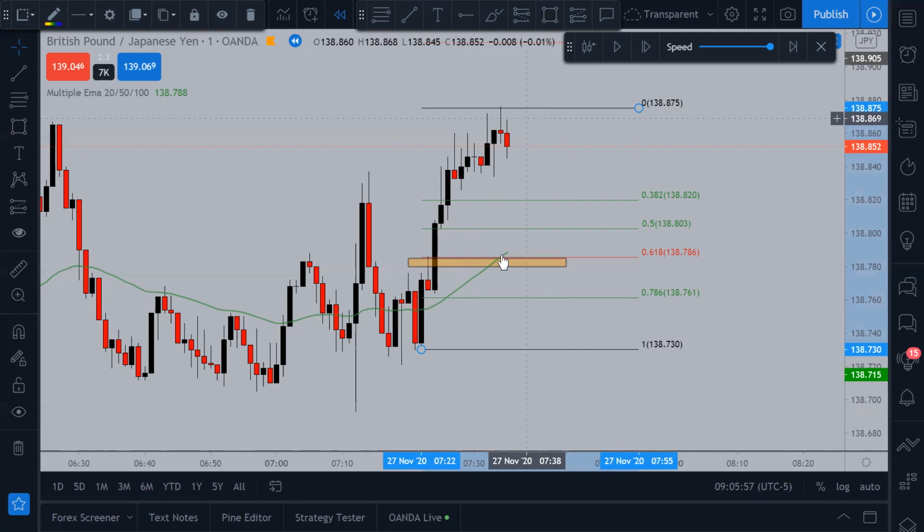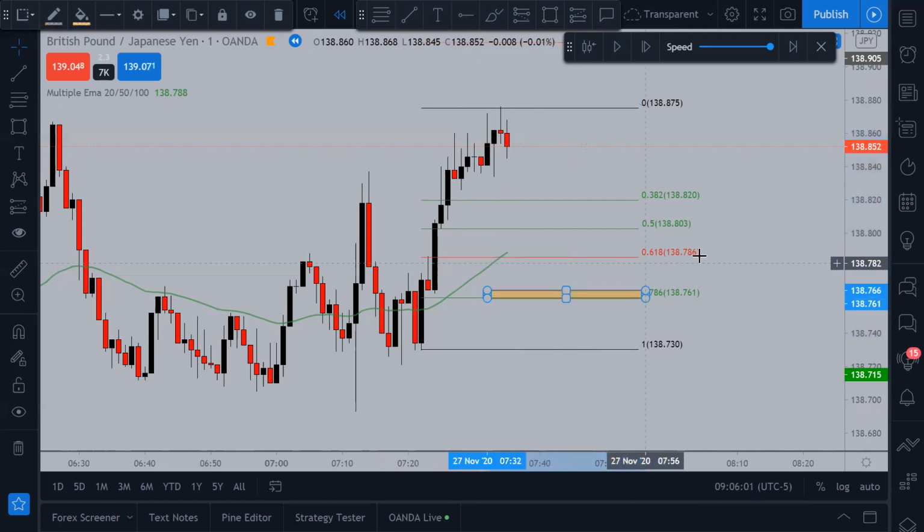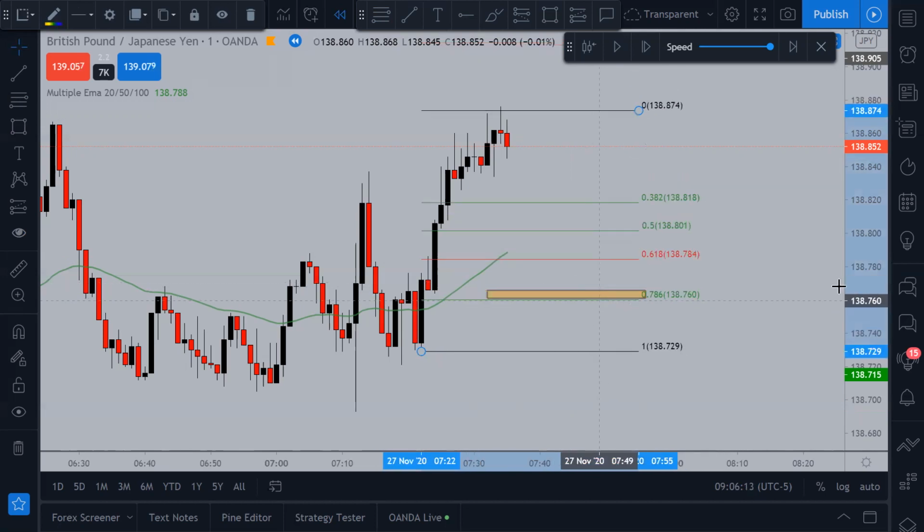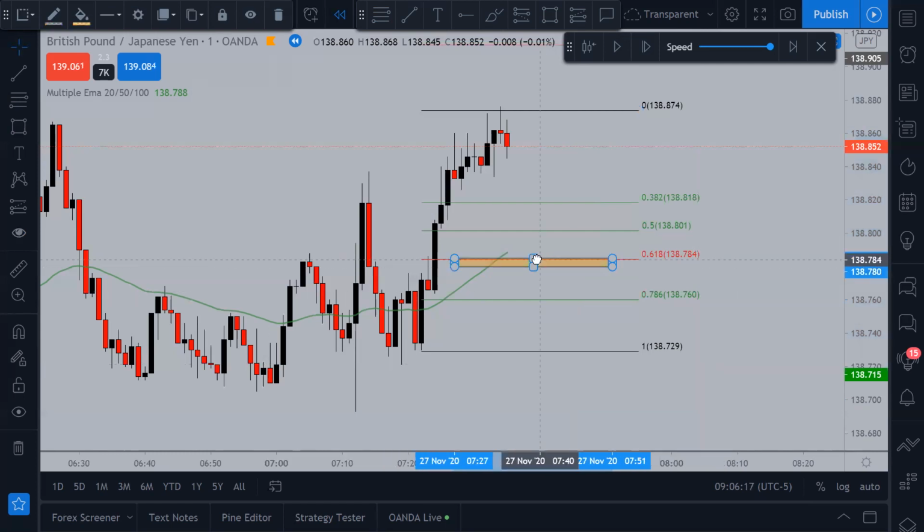Now, look, the reason why this 618 fib is marked the way I have it in red is because this is the most important one. This is the one that gets the frequent flyer miles. And price will more often than not come back to this one first.